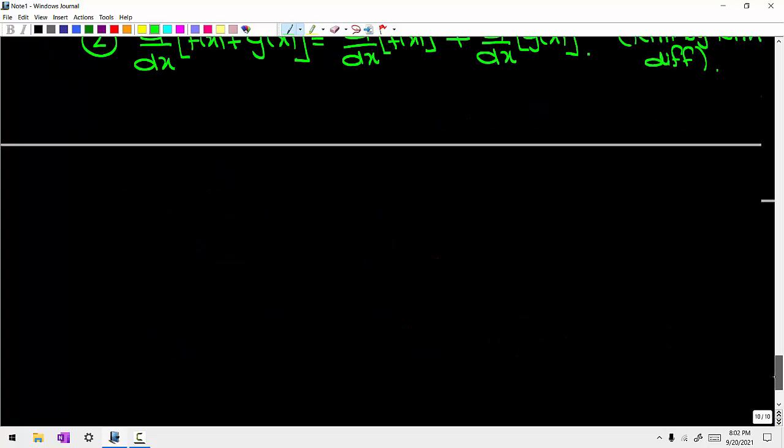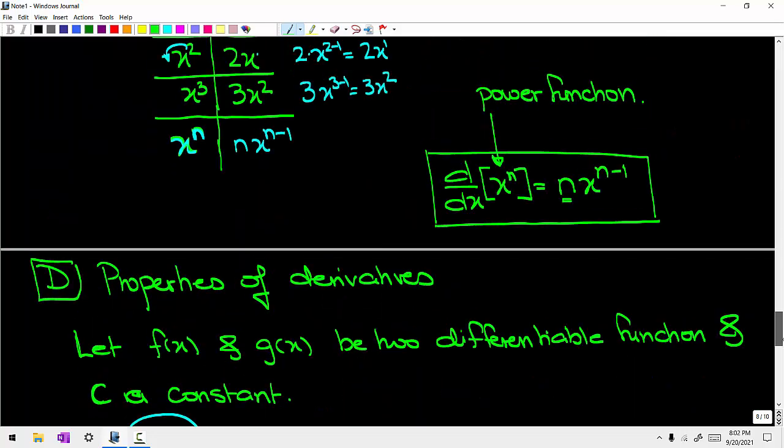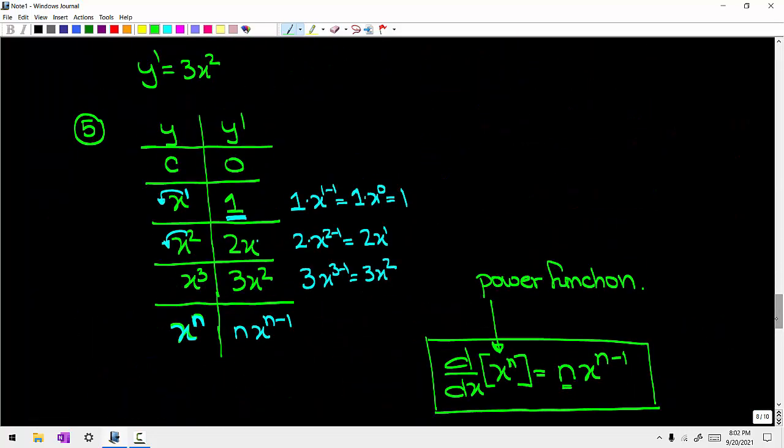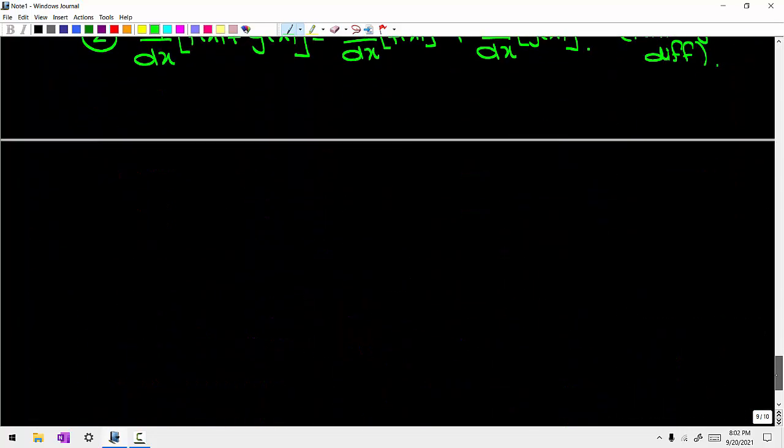Now that we know these two properties and we know some basic derivatives, let's put them together and do some examples. I'll do a quick example.